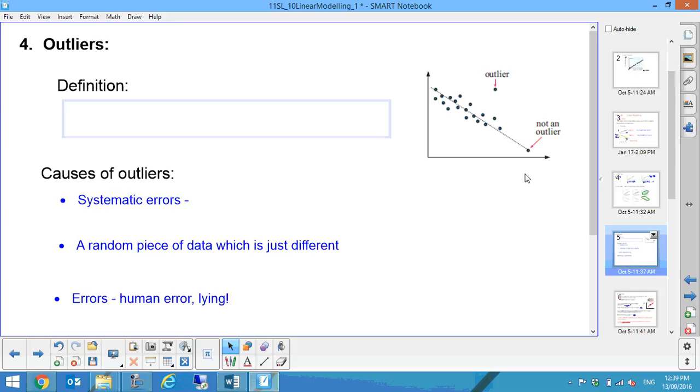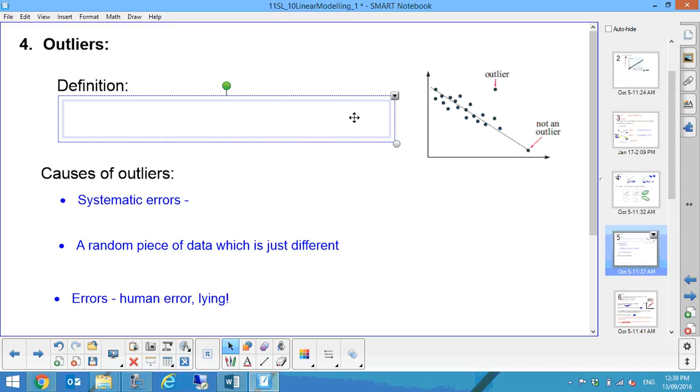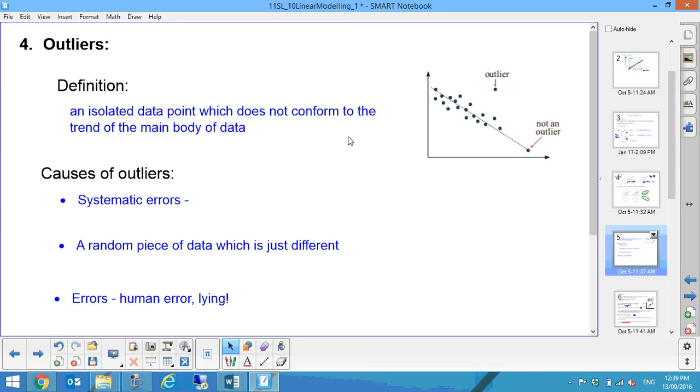The next thing we want to talk about with data is outliers. You've probably talked about outliers before, but if we've got some isolated point which doesn't conform to the trend of the main body of data, then we call it an outlier. So it still fits our negative correlation, which is reasonably strong, they're quite close.